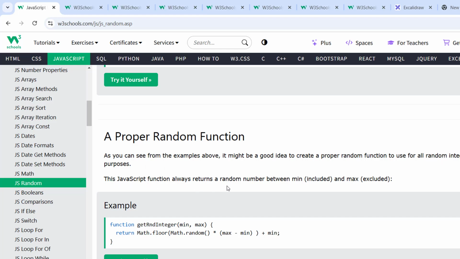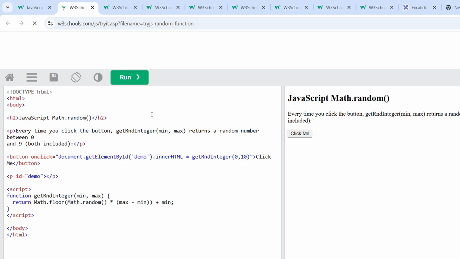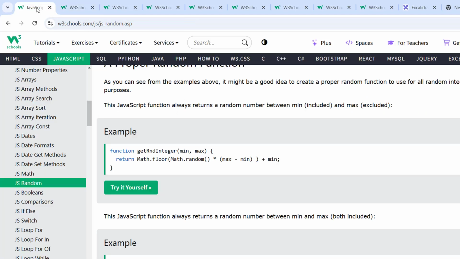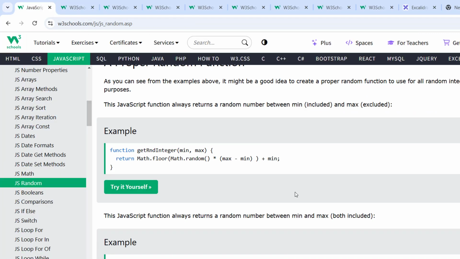This JavaScript function always returns a random number between min included and max excluded. They are making the best solution by gathering all the scattered functions. If you click, you will get some random numbers.